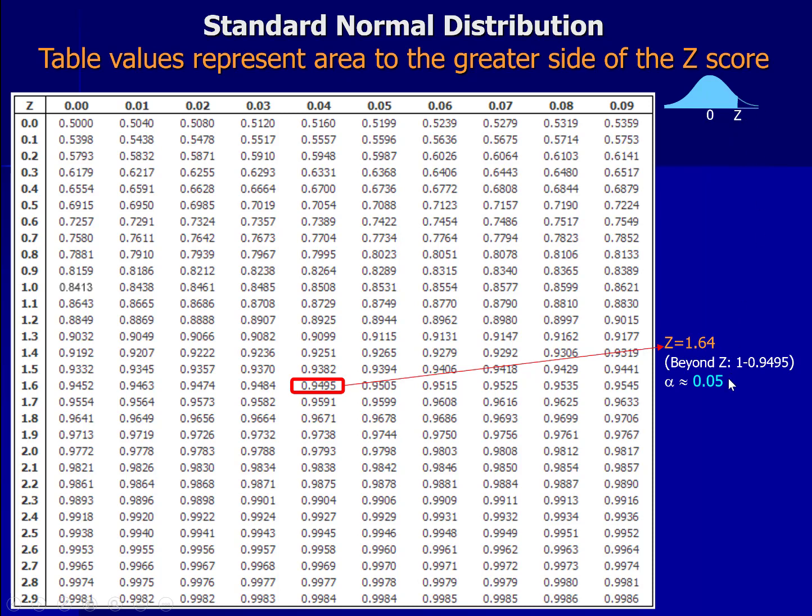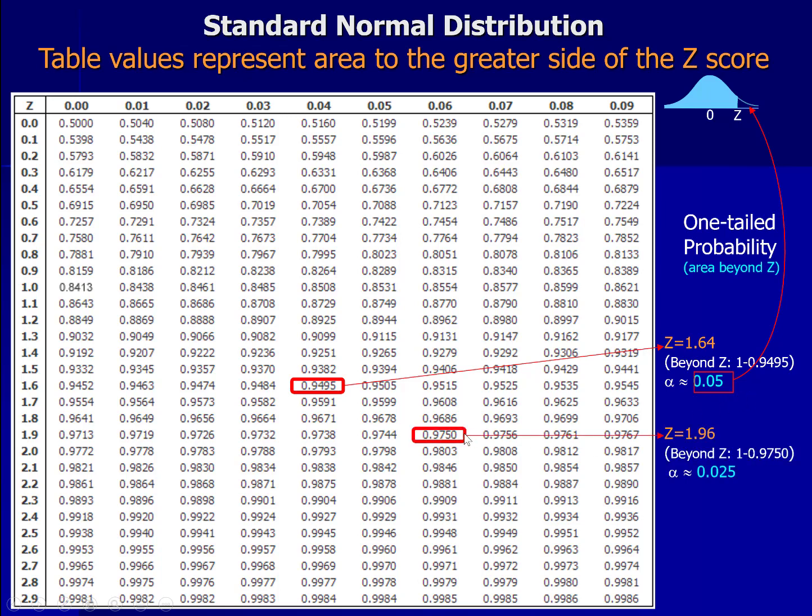So there are one-sided or two-sided. This is one-sided, so it corresponds to a level of confidence of about 95%, right? Because 1 minus 0.05 is 95. How about this?